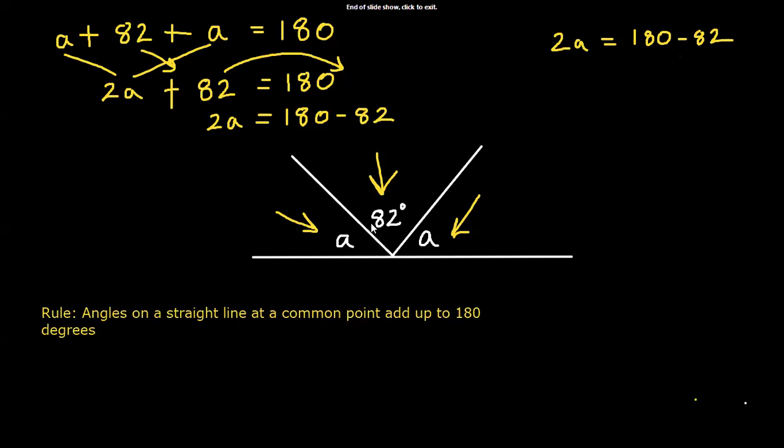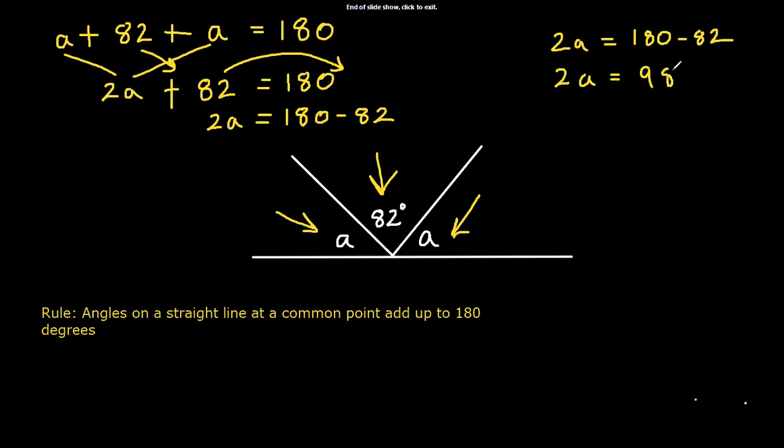What is 180 minus 82? 98. So 2A is going to be equal to 98.